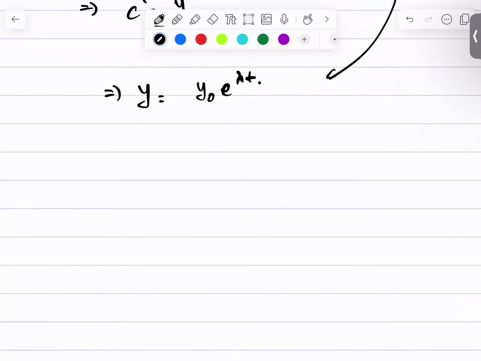Now let me solve one more of this type of differential equation.